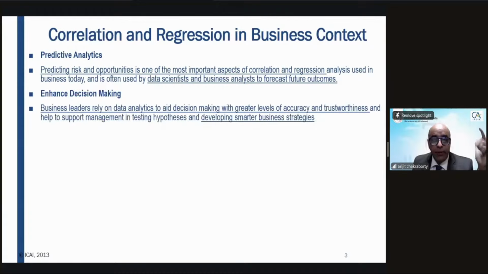Similarly, apart from predictive analytics, even for decision making, to help business leaders in taking the right commercial decisions, correlation regression has a lot of impact. And ये बहुत ही practical chapter.